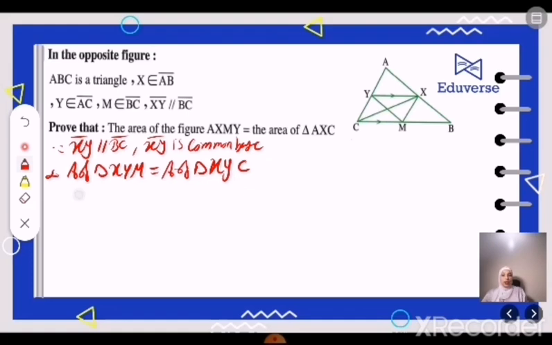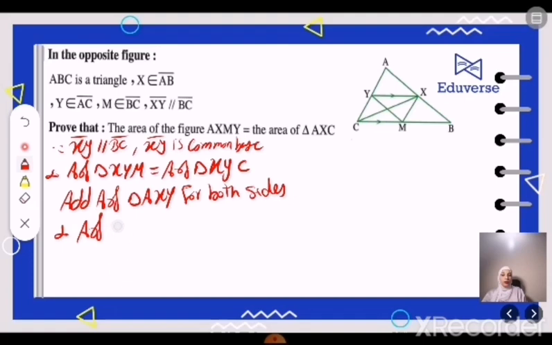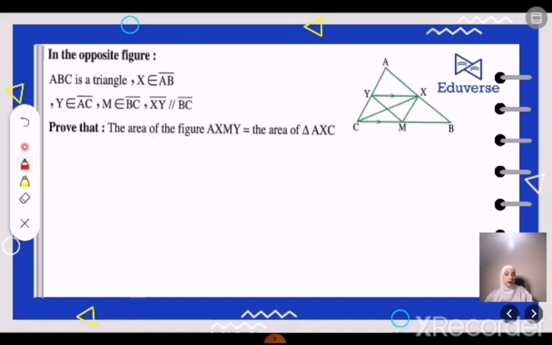And here we will just add the area of the triangle AXY to both sides. Then now I have the area of the figure AXMY equals the area of the triangle AXC. And that's it, proving the equality of these two areas.